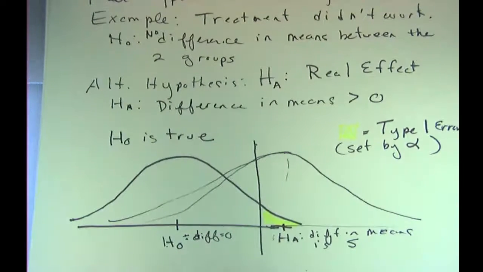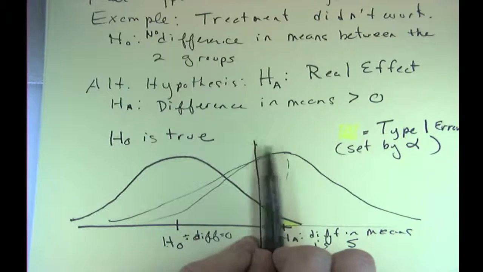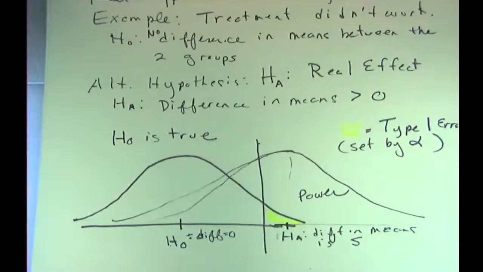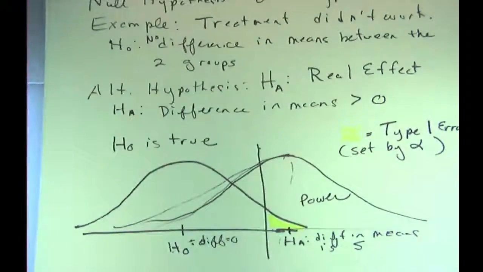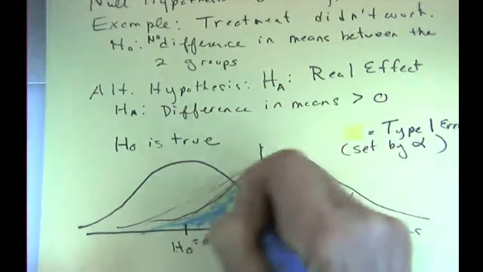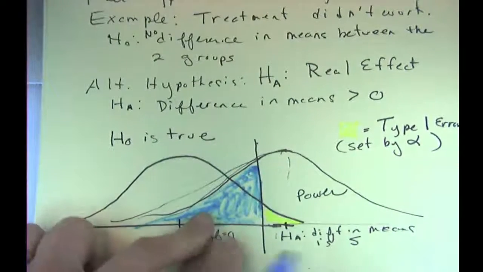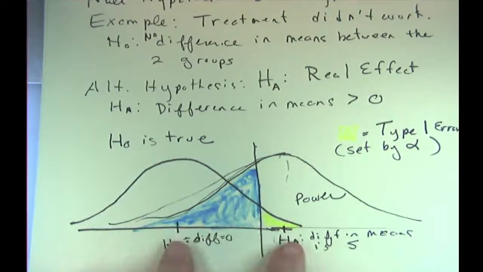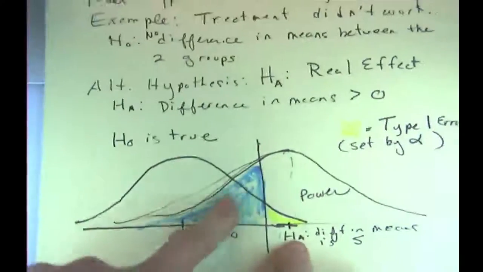Okay, so now, we're going to correctly decide for the alternative this percent of the time, and that's called the power of the test. But we're going to incorrectly decide, when we choose this decision cutoff right here, this percent of the time. And that percent is the probability of our type 2 error: failing to detect this difference we want to detect, with this significance test, if we put the cutoff up here, this percent of the time.